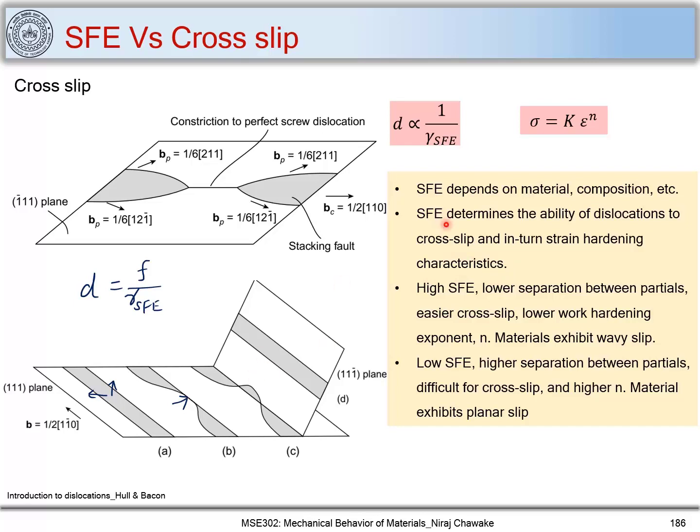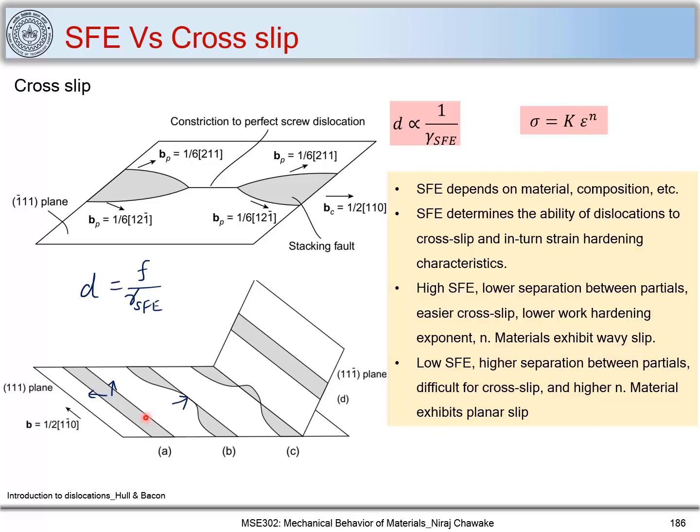When I say high stacking fault energy, the separation will be smaller and the constriction can happen, which makes cross slip easy. If cross slip is easy, there will be lower work hardening. That means I don't have to put too much stress to move the dislocation. This lower work hardening can be quantified using the strain hardening exponent n. So when I have easy cross slip, n will be lower and the material exhibits wavy slip.